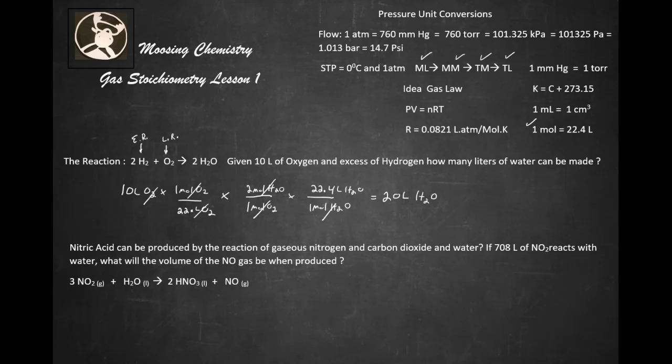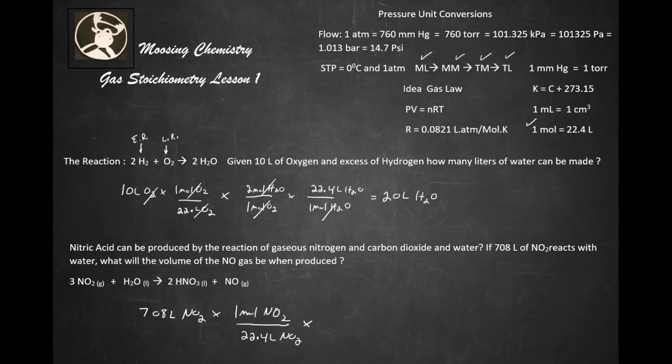First, we have our balanced equation, so that's all good. The next thing we need to do is take our 708 liters of NO2 and convert that into moles of NO2, divided by 22.4 liters of NO2.